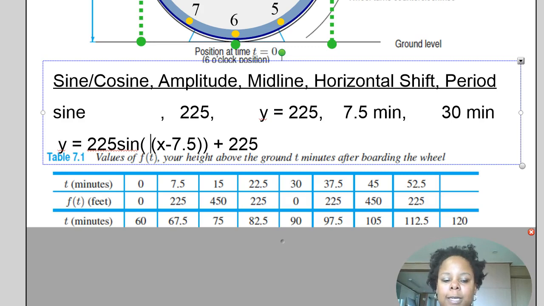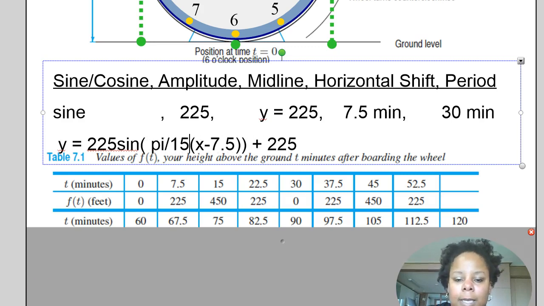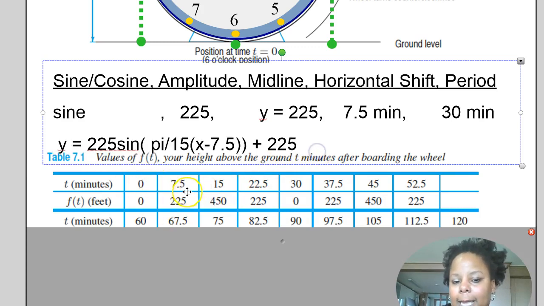If we set up that relationship, 2 pi over b equals 30 minutes implies that b will equal pi divided by 15. And if we were to graph that equation, and I would if I had more time, we could put that into our calculator. The table values we get would look essentially exactly like this.